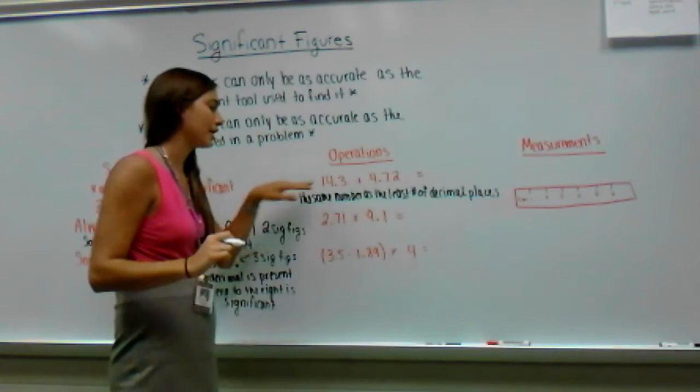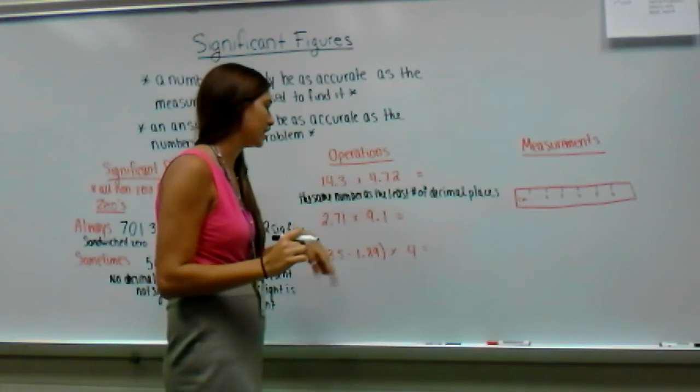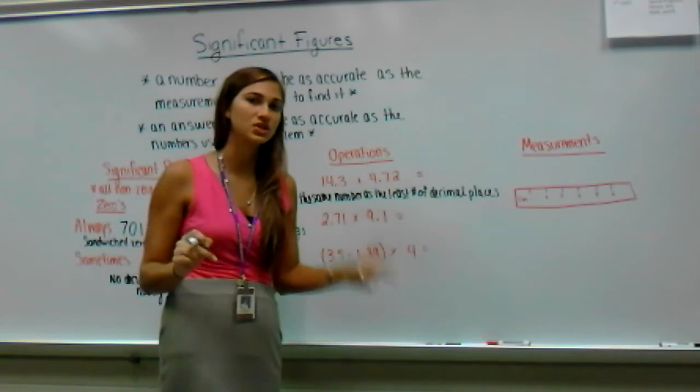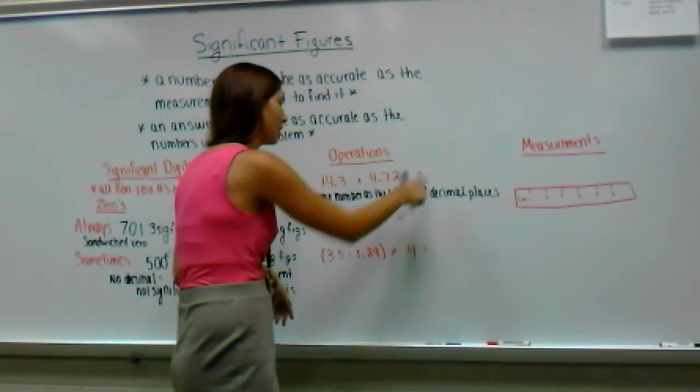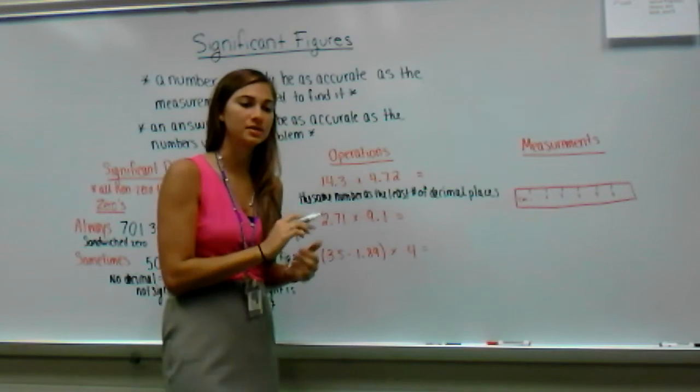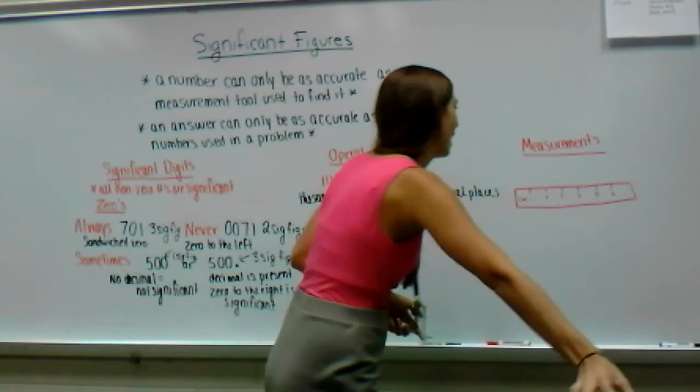If we look at 14.3, we have 1 decimal place. If we look at 4.72, it has 2 decimal places. So our answer has to have 1 decimal place because that is the lowest number of decimal places we have.